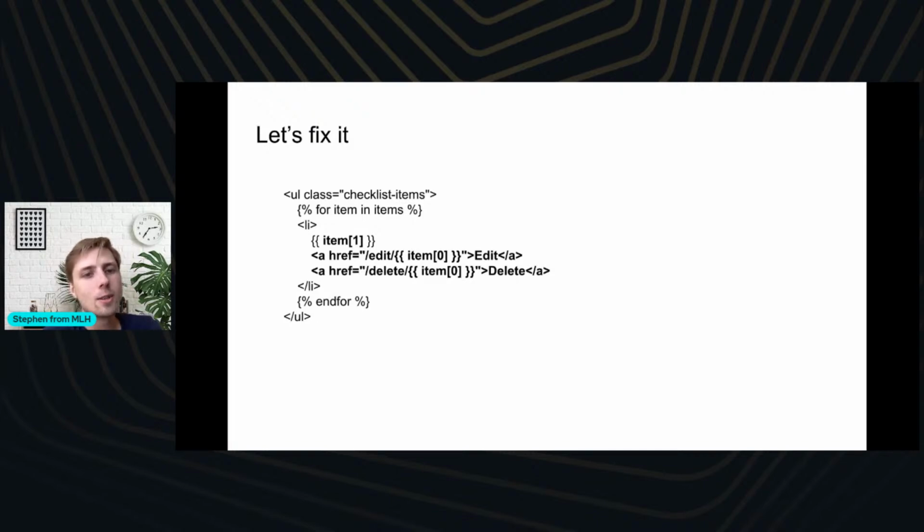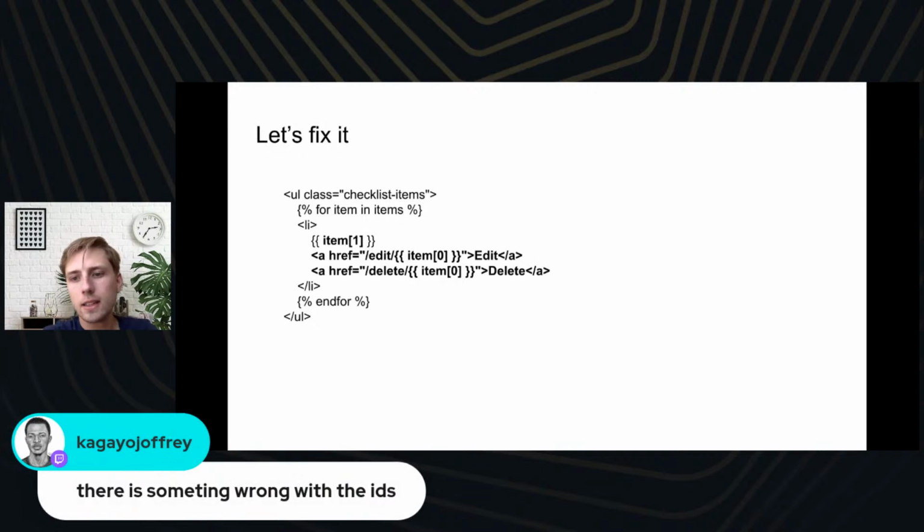We need to use those task IDs because they are unique and associated only with that particular task. To do that, just edit your paths so that they refer to the 0 index, which is that item ID.